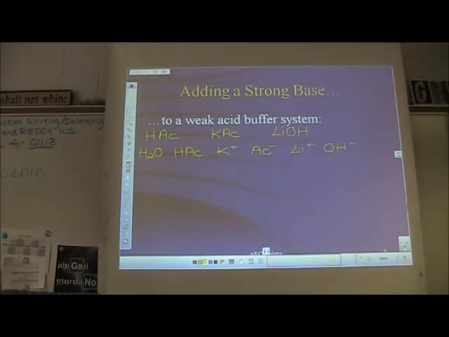Acidic candidates, tell me. This is not capable of donating either. So I only have two choices. Which one of these is more acidic? Acetic acid. Candidates for bases.